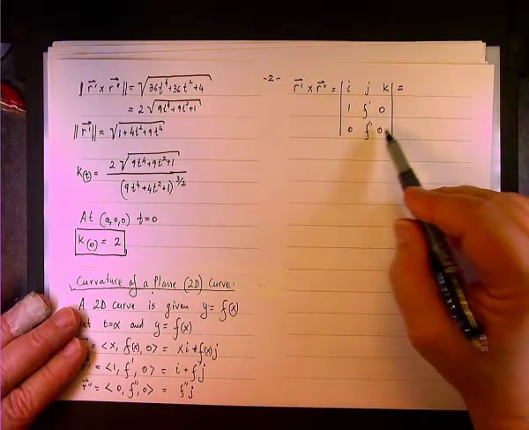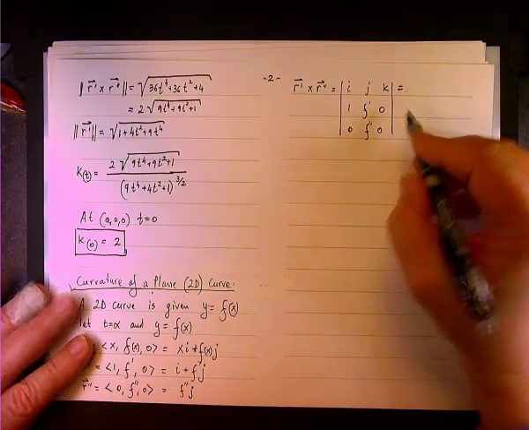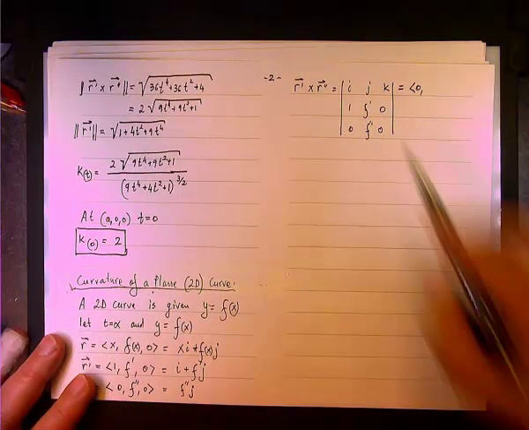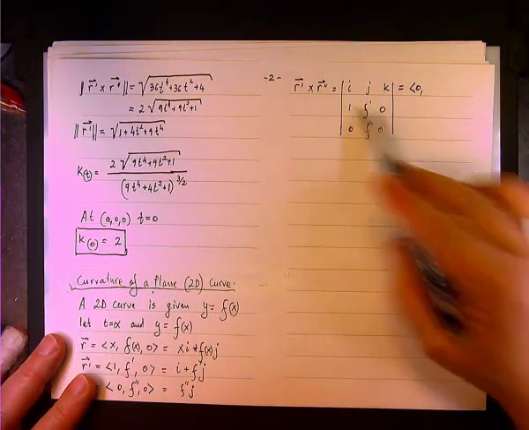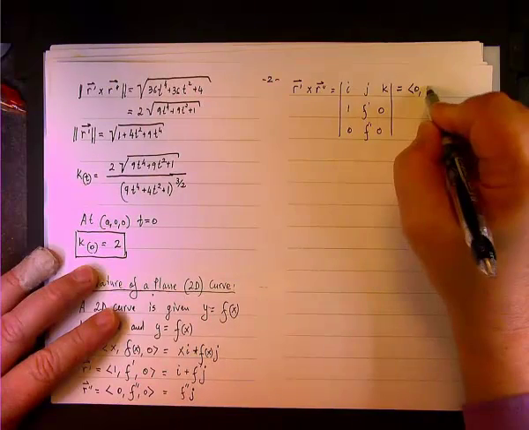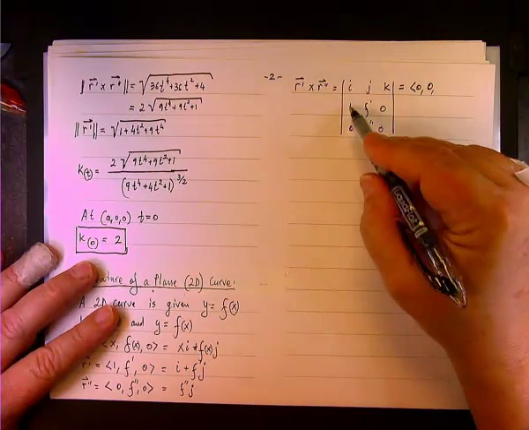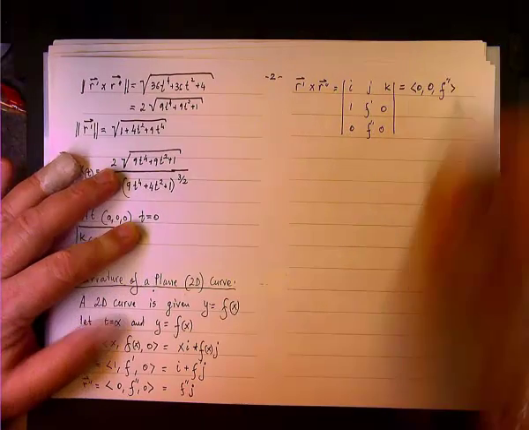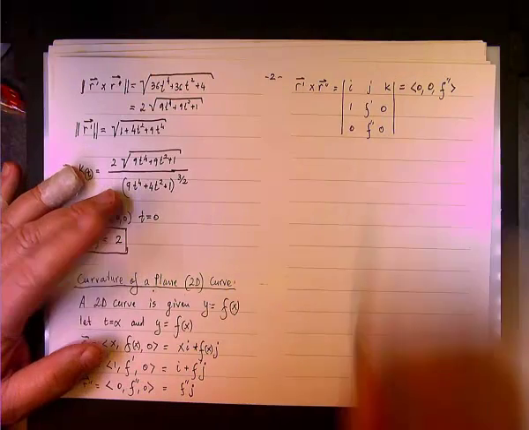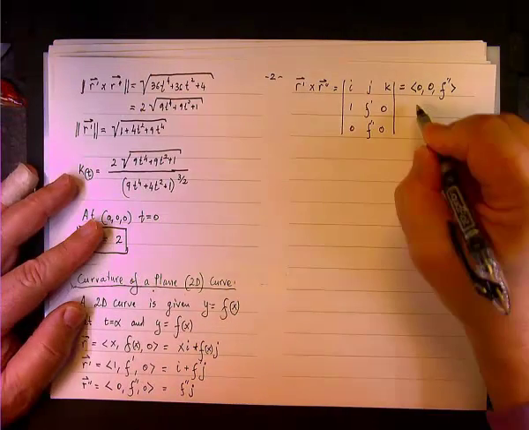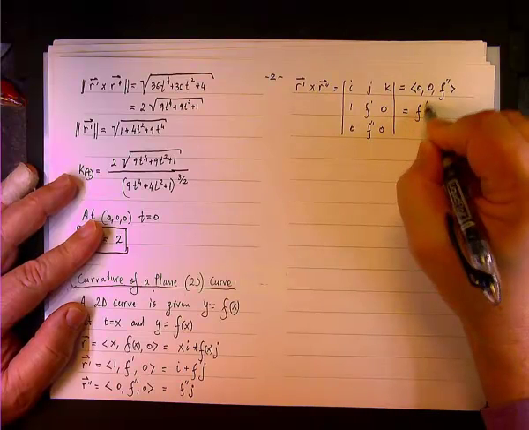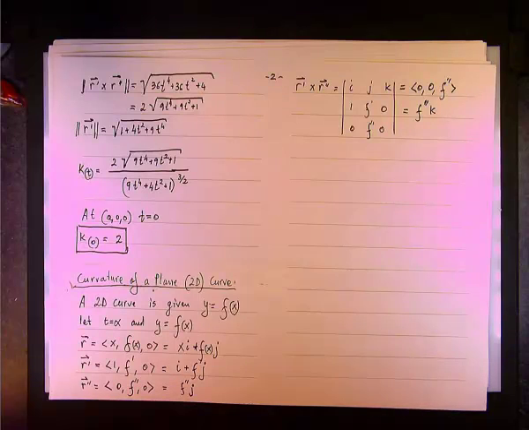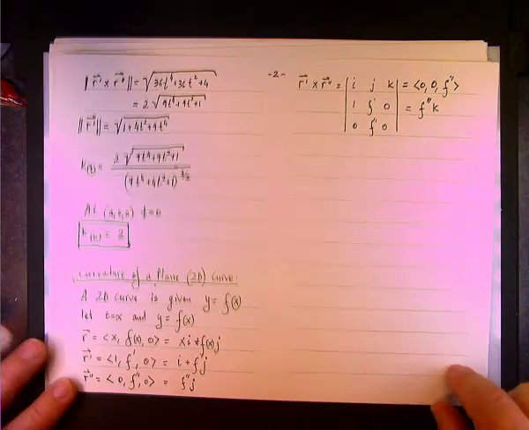The only surviving component will be the k component. If you look at the i component, you have f prime times 0 minus 0 times f double prime, so 0 on the i component. The j component is negative 1 times 0 minus 0, so 0j. For k, you have 1 times f double prime minus 0. So the result of the cross product will be simply 0, 0, f double prime, or f double prime k.